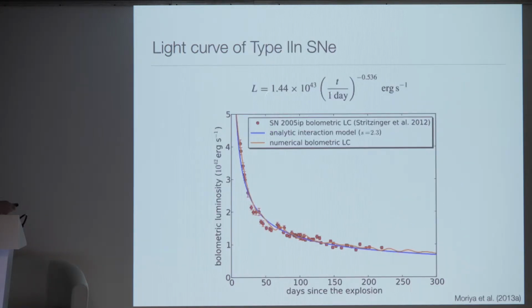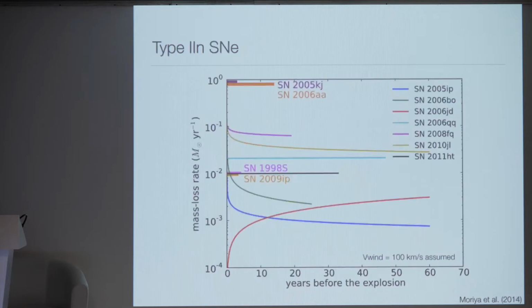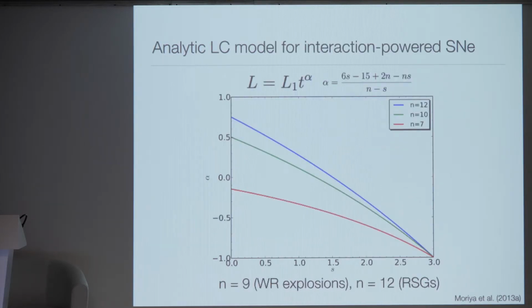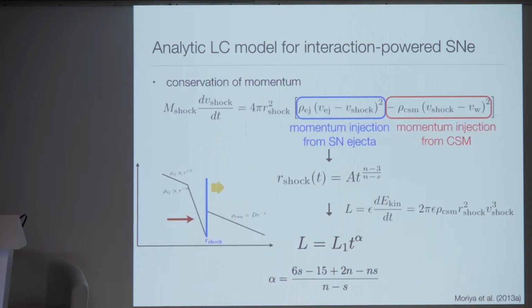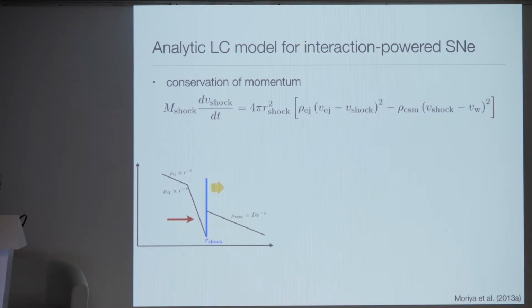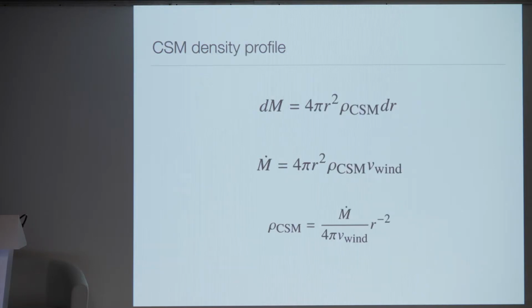So by doing this, we can get the density structure of the circumstellar matter. I didn't show this A or L1, which has a very complicated formula.